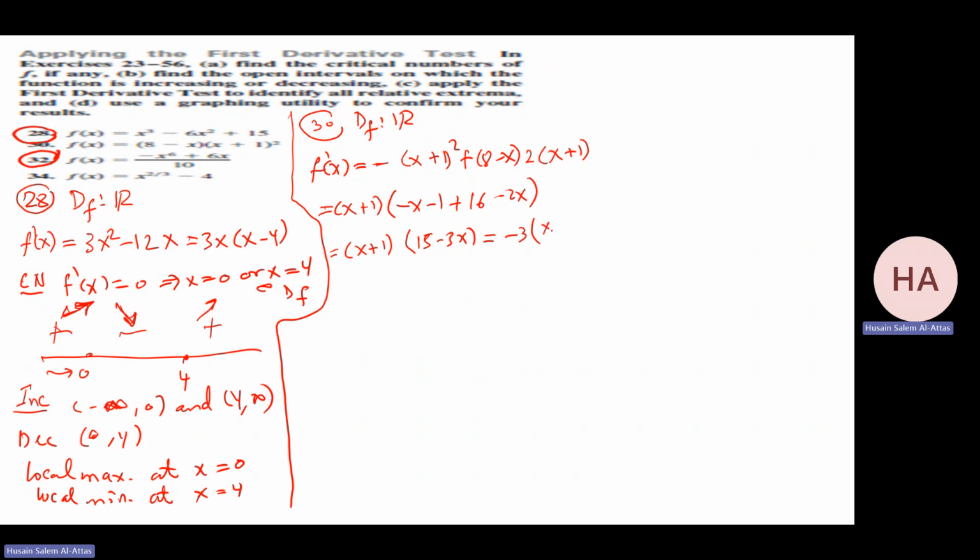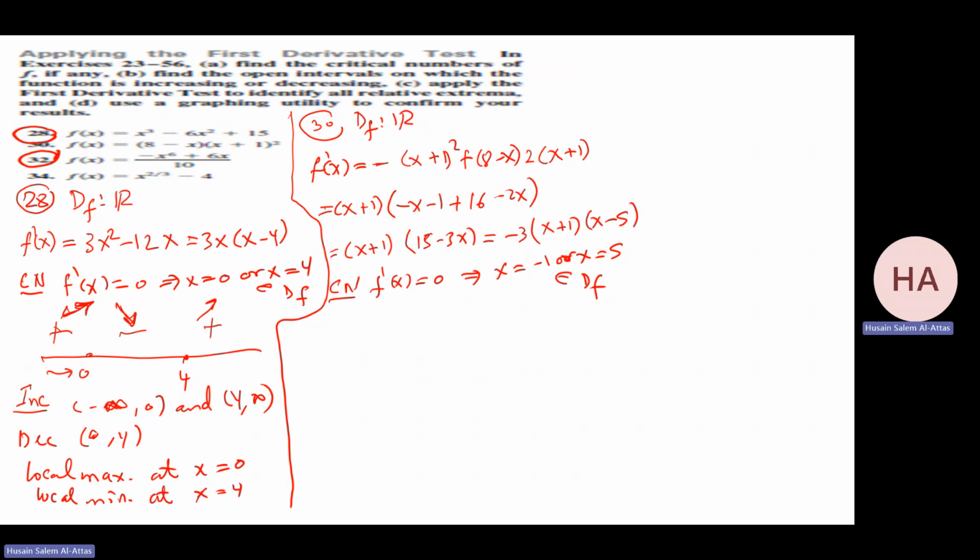I have x plus 1 times x minus 5. Okay, critical numbers. F prime equals 0. So that implies x equals minus 1 or x equals 5. So these are the critical numbers belonging to the domain of f. Domain of f is the real numbers, so we have no problems.